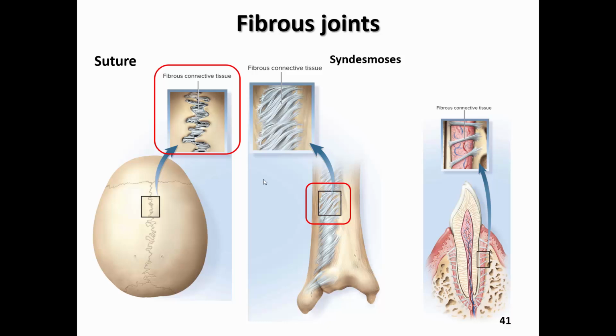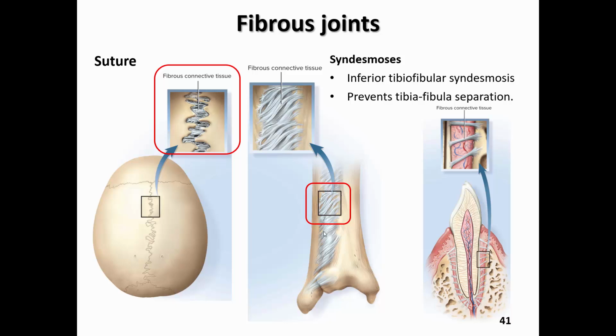The next example here is the syndesmosis, or syndesmoses for plural, and the one example here is the inferior tibiofibular syndesmosis. This is the joint on the inferior portion of the lower leg between the tibia and the fibula, and it exists as this broad sheet-like connection of these fibrous connective tissues that span the length of the lower leg.